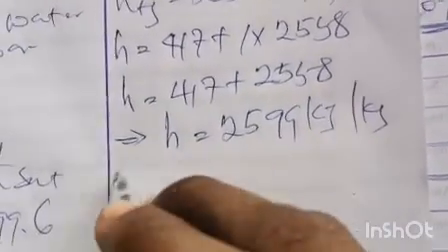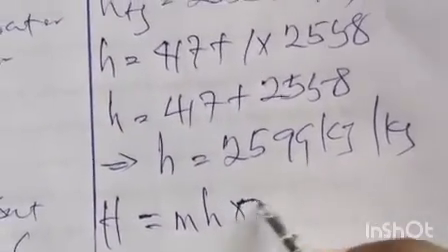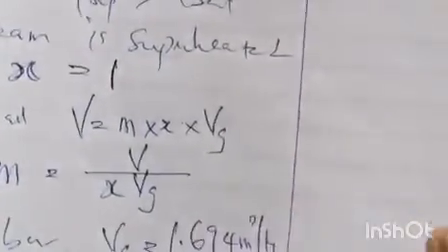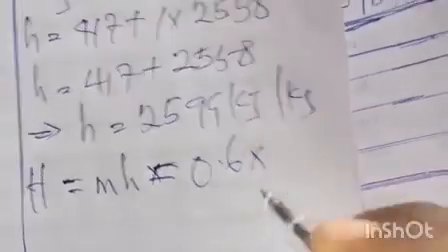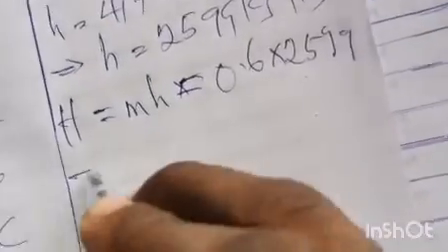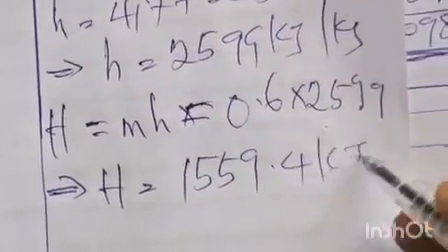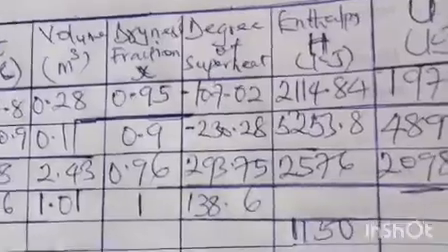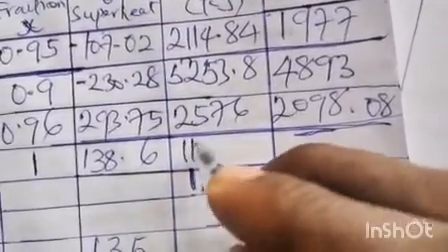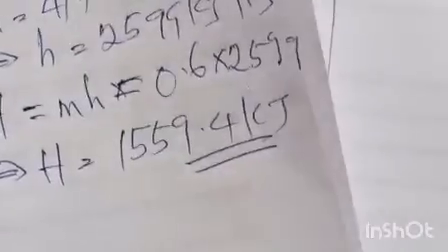Of course, we have to convert to total enthalpy, which is mass times specific enthalpy. That is 0.6 times 2599, giving total enthalpy H equal to 1559.4 kilojoules. So that's it for the enthalpy.